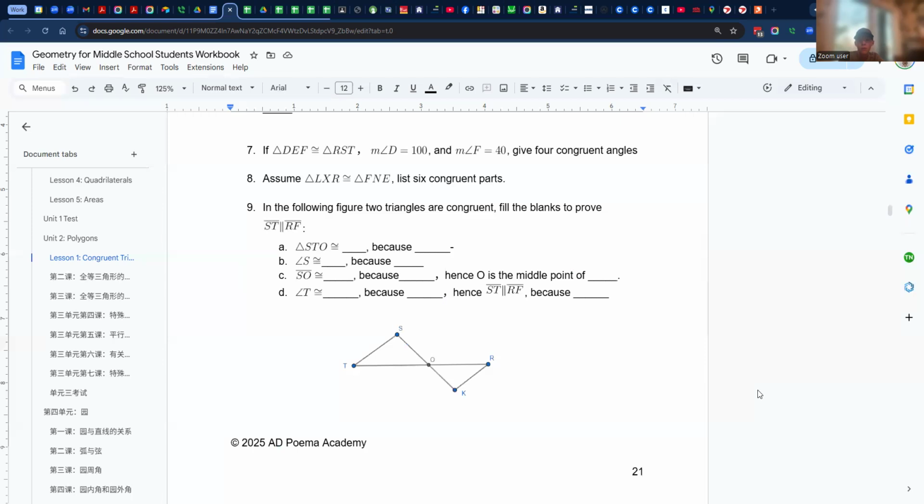They want you to give four congruent angles. Basically, which angle is congruent to which angle?